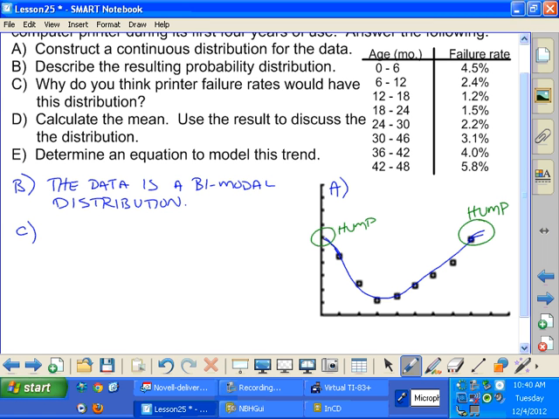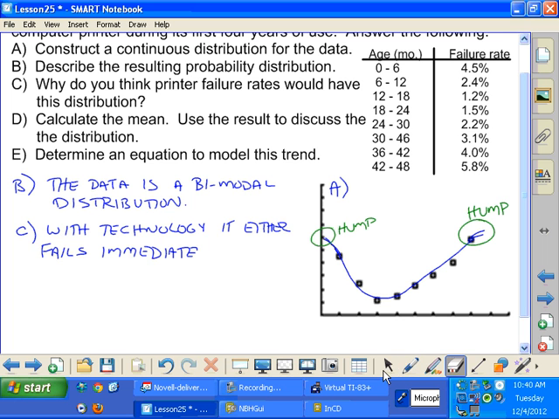What you're going to find with technology is that it either fails immediately, and that could be because of factory defect, shipping.